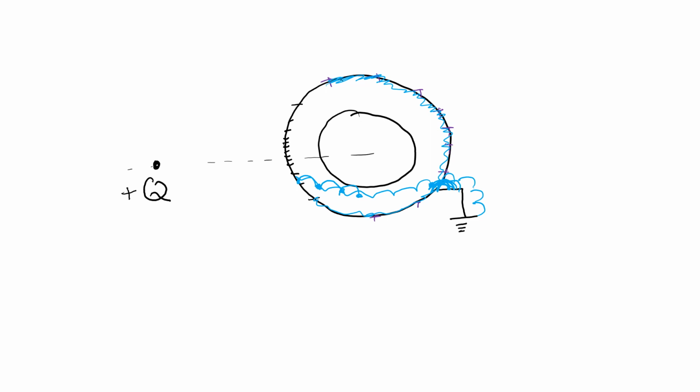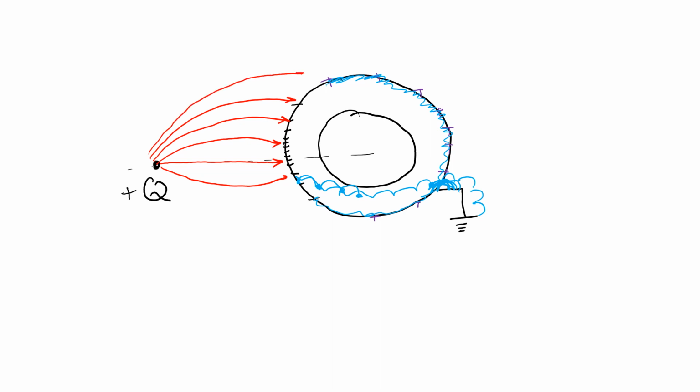For calculating or plotting, the electric field lines are now simply going to look like positive and it's going to look like that.